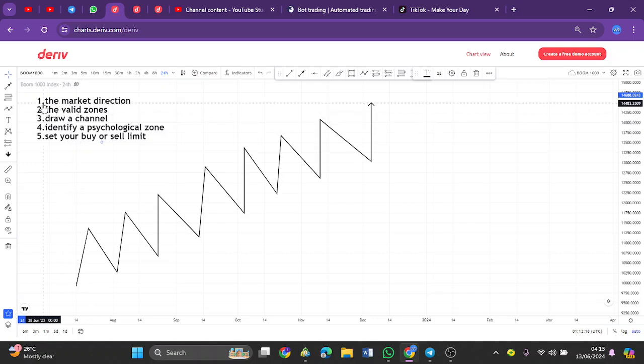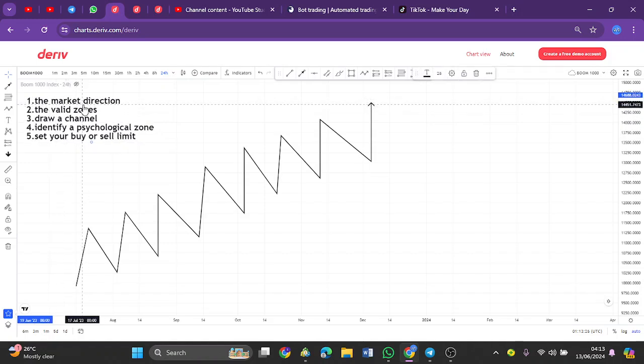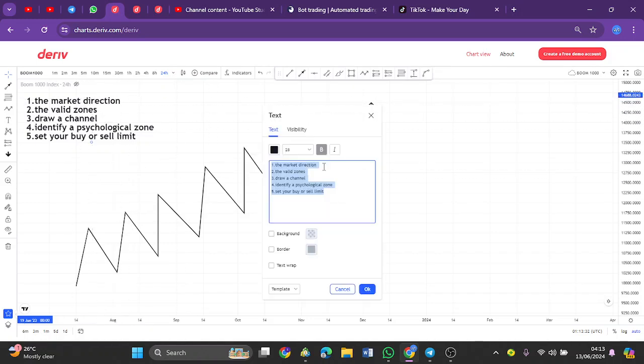Now this is how you check. This is just a checklist. Number one, what do you want to see in the market to tell what the market is doing? Here, let me just add: number one, we should have the uptrend.